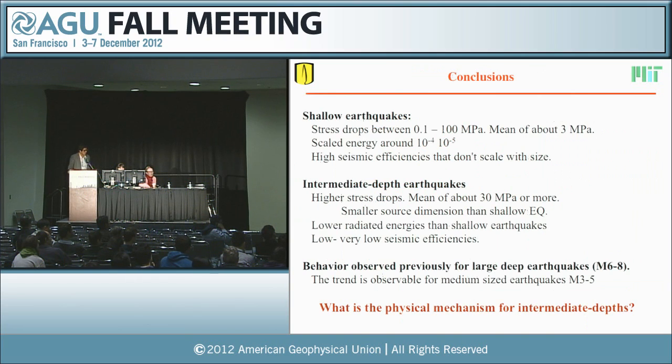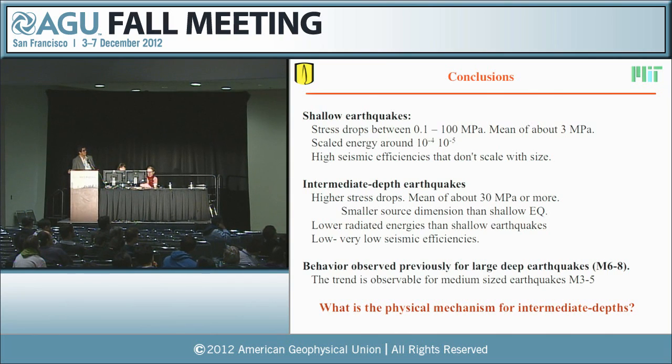So, in conclusion, from estimates from other studies, stress drops for shallow events are around 3 megapascals, while for the deeper events we're talking about 30 megapascals, and in some cases for particular events we can get up to 300 or 500 megapascals.